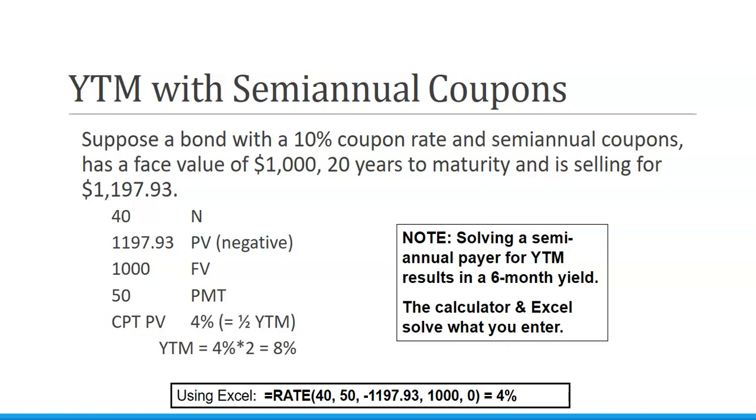If we have a 10% coupon rate, that means we use half of that, or 5%. When we're calculating for what the yield to maturity is, then we get 4%. We need to take that amount times 2 to get the annual rate. So 4% is the semi-annual rate and 8% is the annual rate.